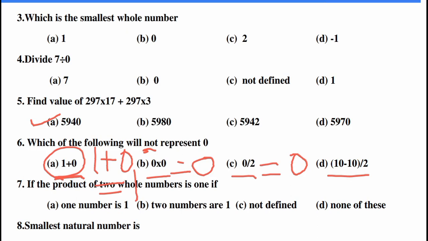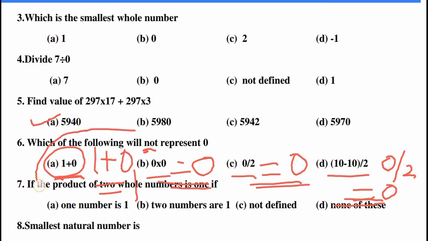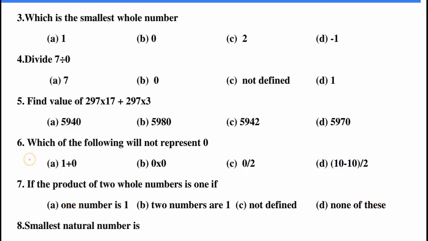Then 10 minus 10 is equal to 0. 0 divided by 2 is again 0. So here the answer of these three equations is 0. But this first equation represents 1. So we can say that the first option will not represent 0. So answer is A.